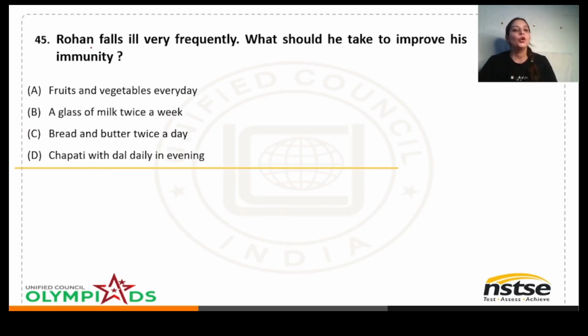Next question. Rohan falls ill very frequently. What should he take to improve his immunity? See, whenever you fall sick very frequently, that means that you have got low immunity.